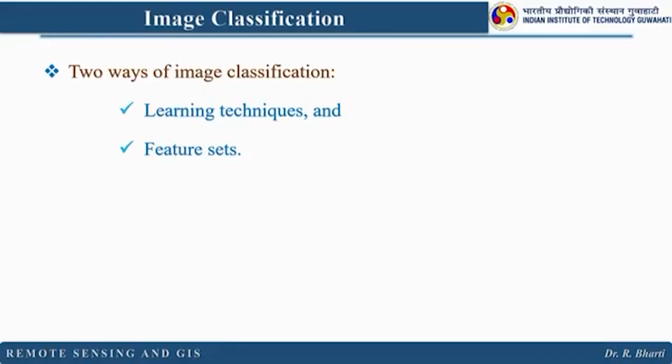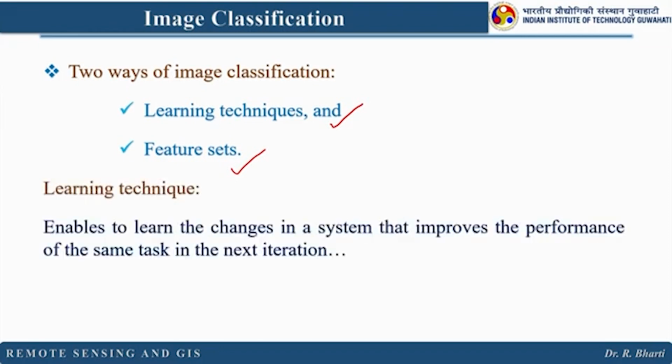So now let us see how we train our algorithm. So there are 2 ways of image classification. First one is learning technique, another one is feature sets, right. In learning technique, basically it enables to learn the changes in a system that improves the performance of the same task in the next iteration. So can you imagine some real world example?